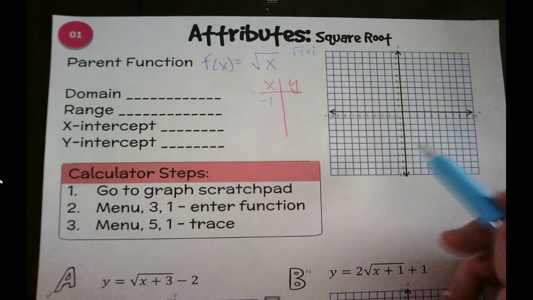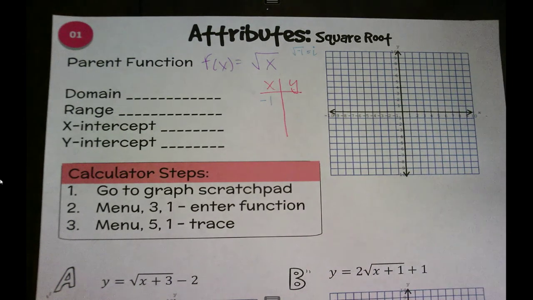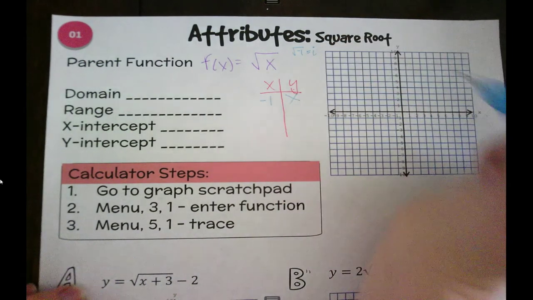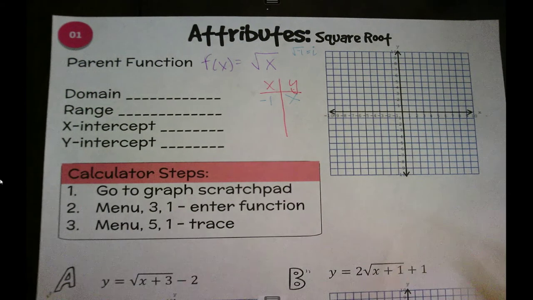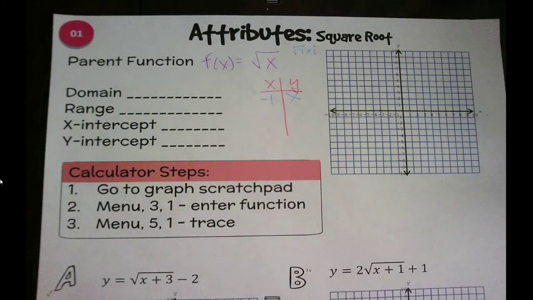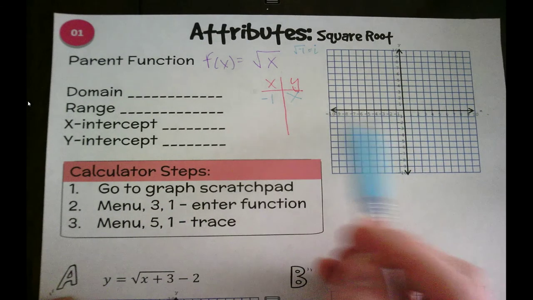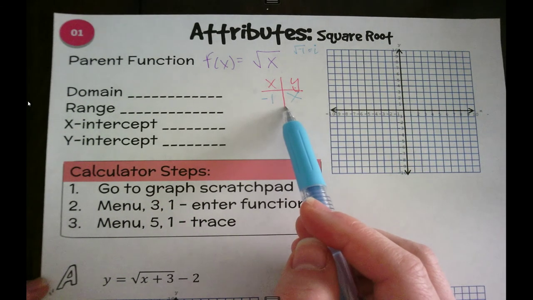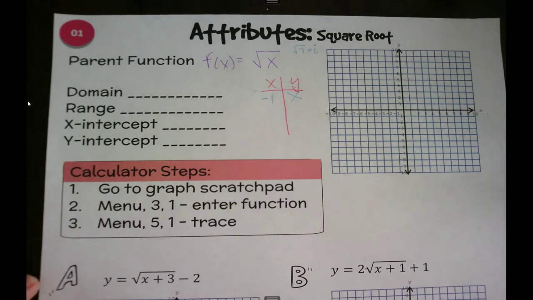Do we have any imaginary numbers on our graph? No, we don't. So on this parent function, if it's just the square root of x, we're not going to have any negative x's. Okay? So let's move on.